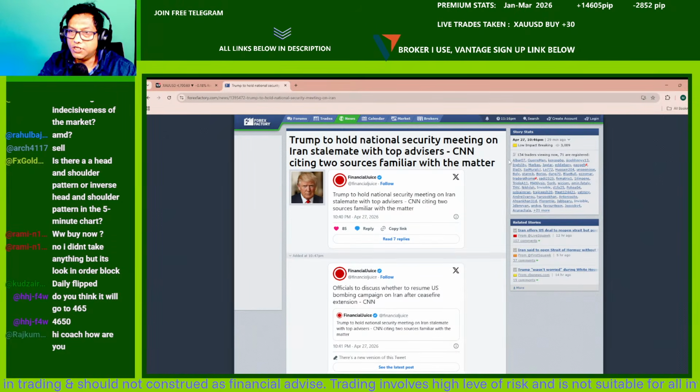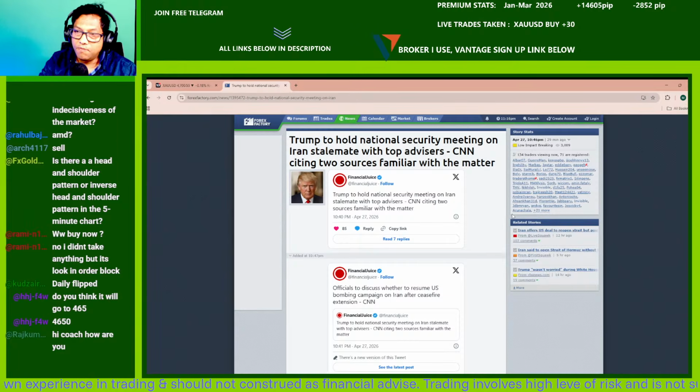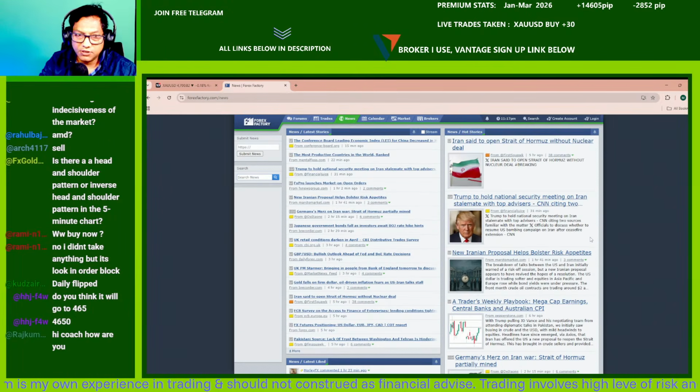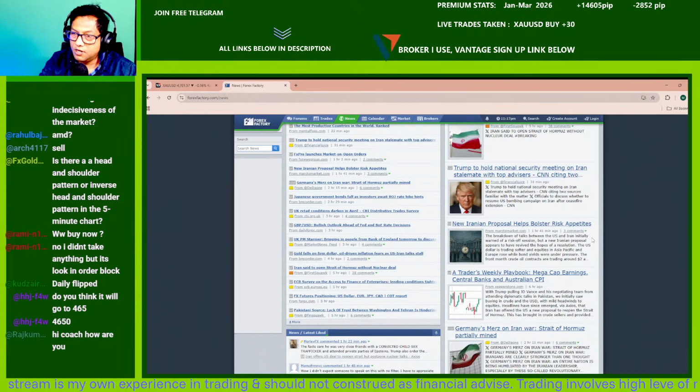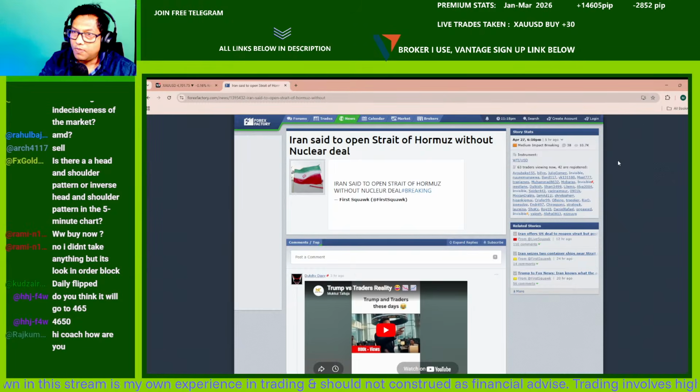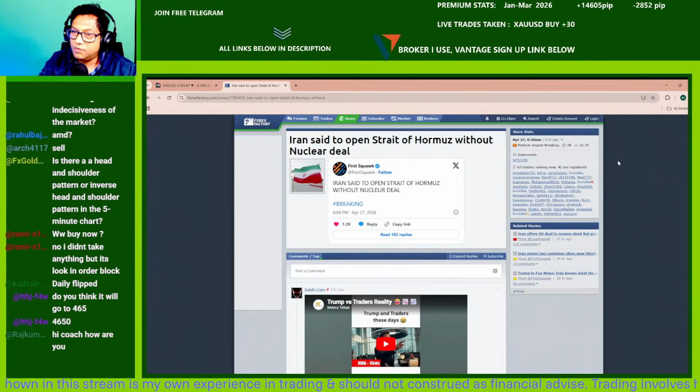And in the meantime, we see there are some market moving news. Trump to hold a national security meeting on Iran's stalemate with top advisors. So there are potentially some decisions coming from that.